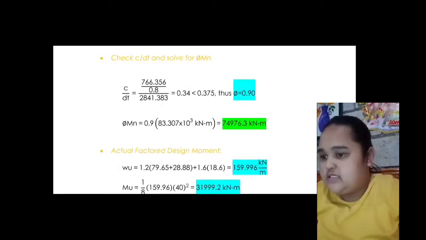The ultimate moment capacity is 0.9 times 83.307 times 10 raised to 3 kilonewton meter, which is equal to 74,976.3 kilonewton meter. Then the actual factored design moment, WU, is 1.2 times (79.65 plus 28.88) plus 1.6 times 18.6, which is equal to 159.996 kilonewton per meter.